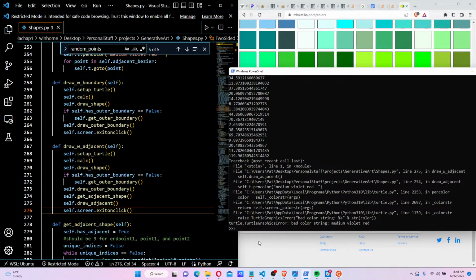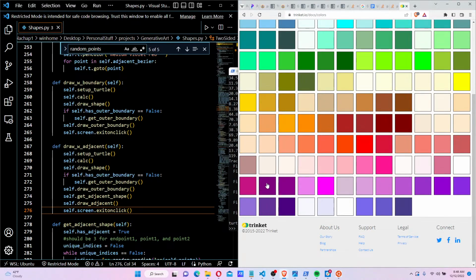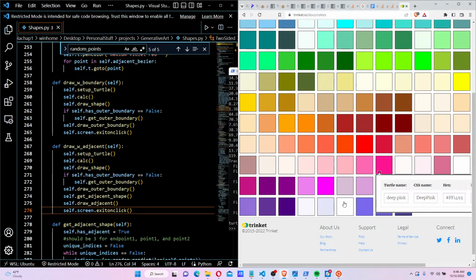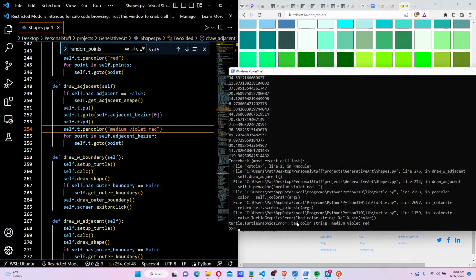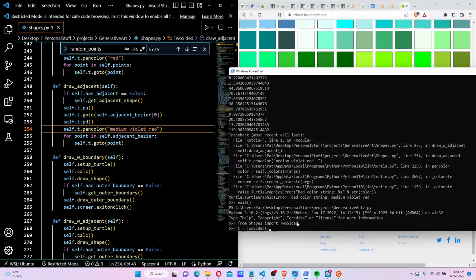Bad color string, medium violet red. Oh. Okay. Now can exit. Okay, drawing the initial curve, filling it in, drawing the boundary. Now the Bezier.